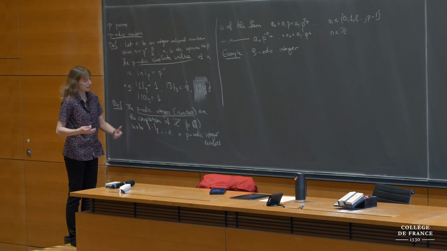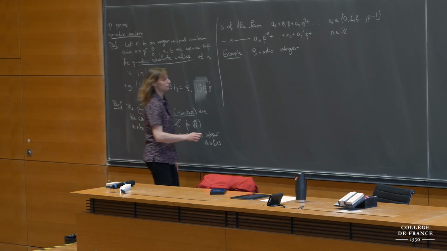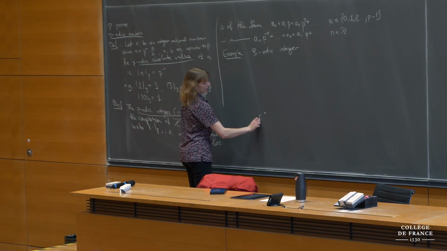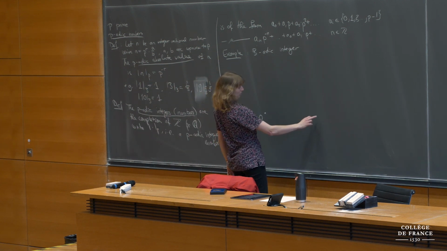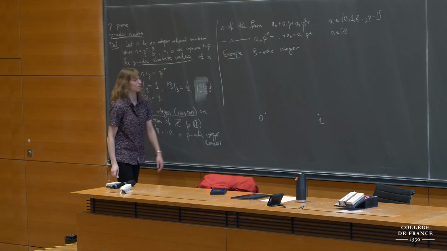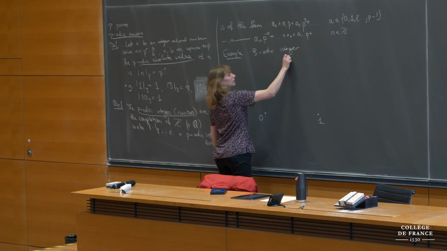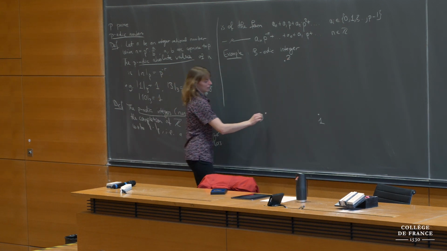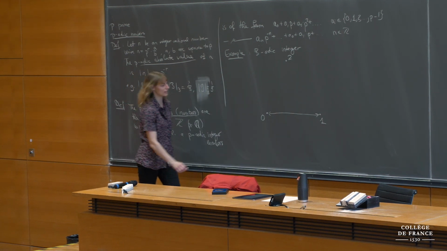Well, let's just start with the regular integers and let's try to understand this absolute value. There's the integer 0. Sorry, for me 0 is a non-negative integer. So let's look at 0, 1, and 2. All these three integers have distance 1.